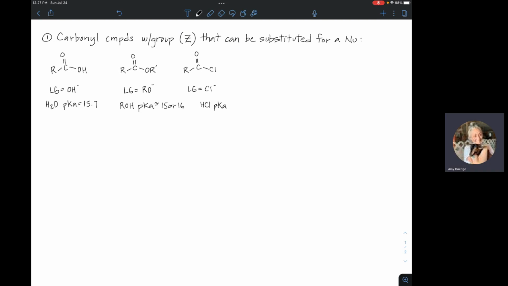HCl has a pKa of about -6. Remember, the smaller the pKa, the stronger the acid. So chloride's pKb is like 1 times 10 to the -20th or something like that. So not exactly even basic. It's pretty neutral, right? So really weak, which means that an acyl chloride is going to be pretty reactive because chloride is the leaving group and it's pretty awesome at leaving.